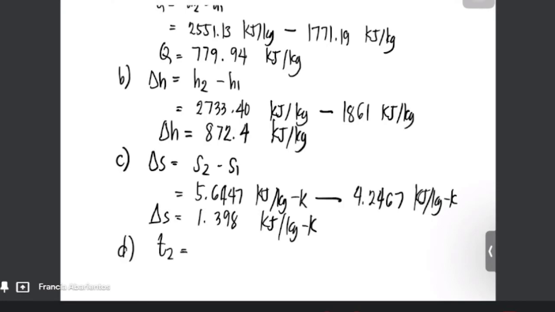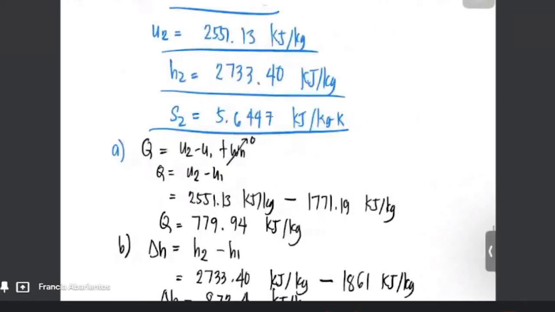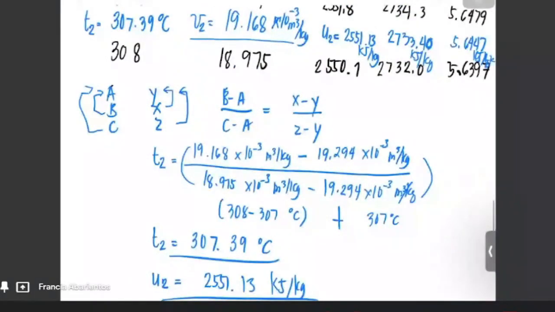Final temperature, the state point, ayun. Yung notes. Wow. Okay. Thank you, class. So that is correct. So the temperature at point 2 now is here. Ayan, class.